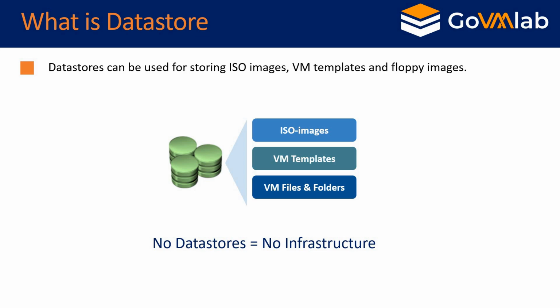One key thing to highlight is that if you do not have a datastore, which means you don't have infrastructure, you won't be able to do much on that ESXi host, because we require a datastore for holding virtual machines, their configuration files, ISO images, and VM templates.